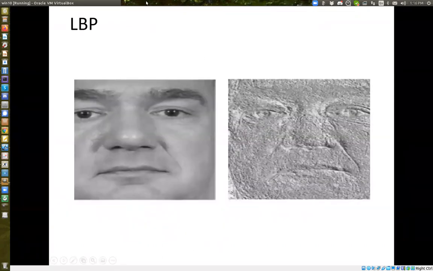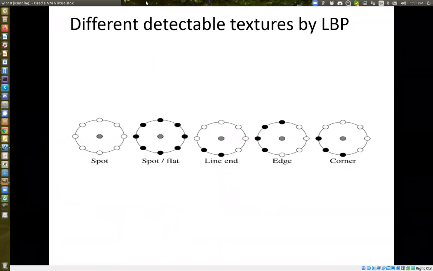So this is just an illustration of the LBP descriptor. You can argue that, based on the descriptor, we can determine different kinds of low level texture or low level features at that point, whether it's a spot, an edge, a corner, and so on.